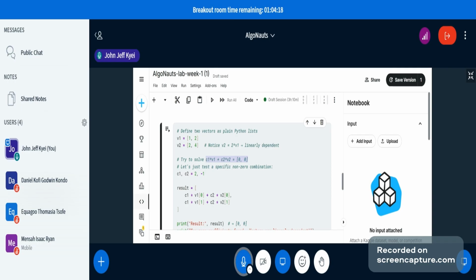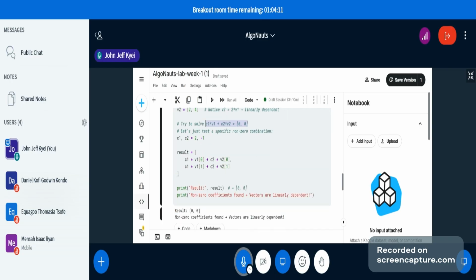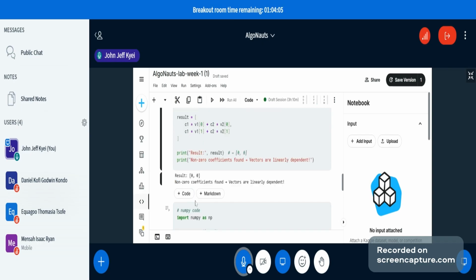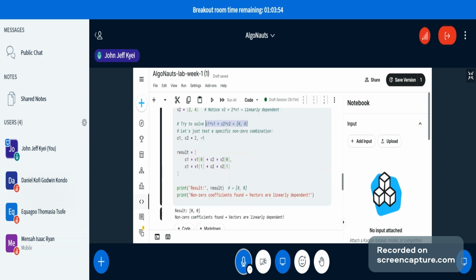You just get your constants c1 and c2 to be 2 and -1, and then do the scalar multiplication. We realize that once the result is a zero vector, it means that non-zero coefficients are found, so the vectors are linearly dependent on each other.